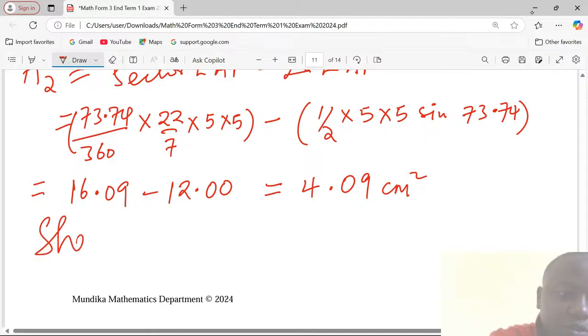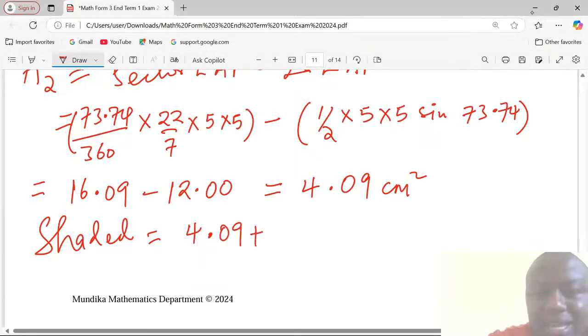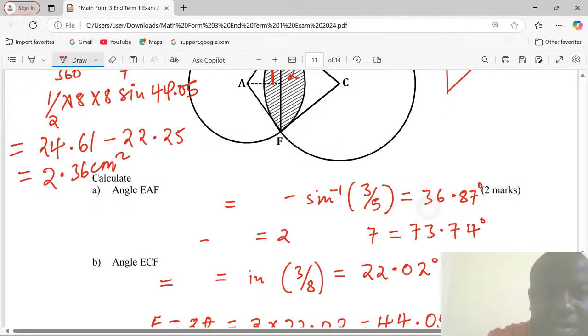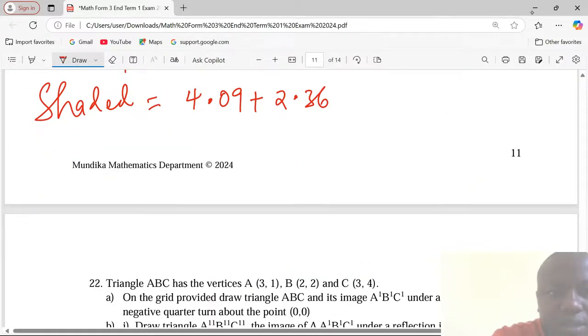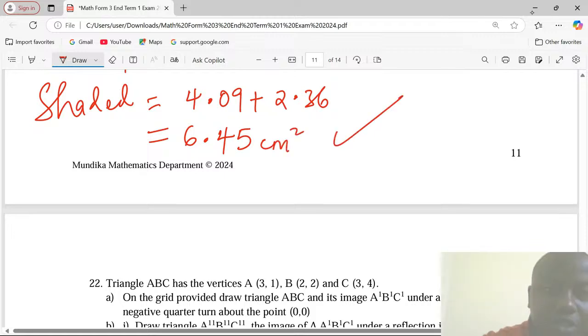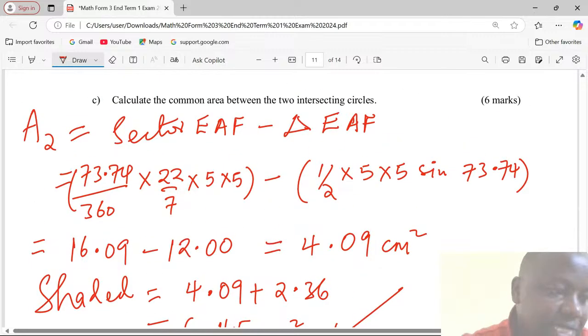Then the total shaded area will be this area plus the other area, which is 2.36. When I take 2.36 and add what I'm having here, I will end up with 6.45 square centimeters. So that is the shaded area.